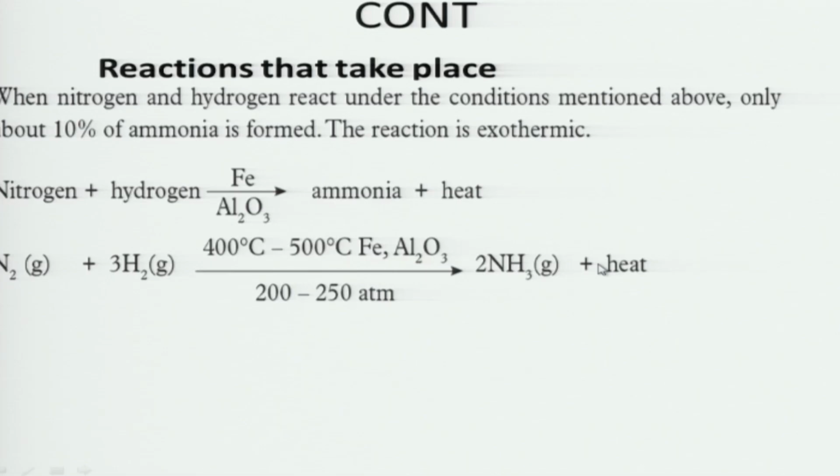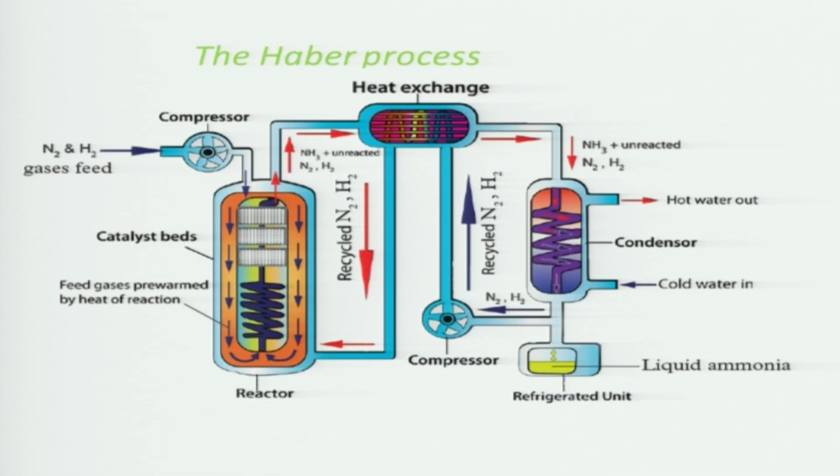So this is the diagram for what we have talked about, the Haber process. You see nitrogen and hydrogen, remember, in a ratio of 1 to 3. They are put in a compressor and meet the catalyst bed. There is aluminium oxide here to speed up the reaction.